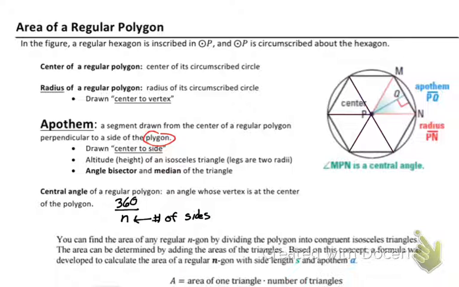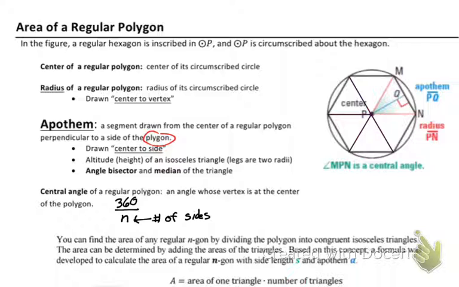All right, real quick, before we read all this, we're going to go through all this information without reading it right now. So, if I could find the area of this triangle, which would be half our base times our height, right? So half our base times our height gets me the area of this. If I find the area of this, and then I just multiply it by 1, 2, 3, 4, 5, 6, that would be the total area of my polygon, right?